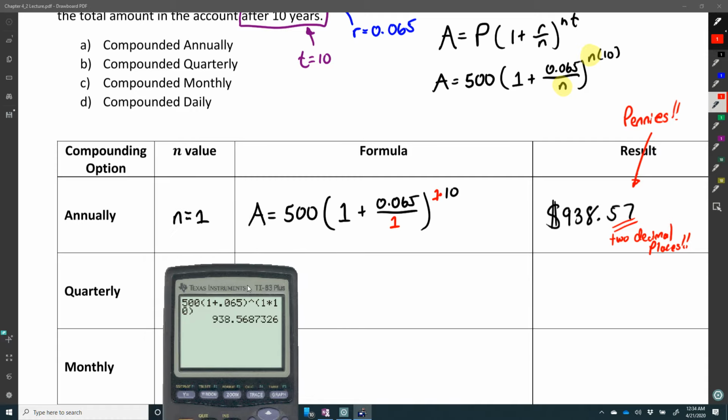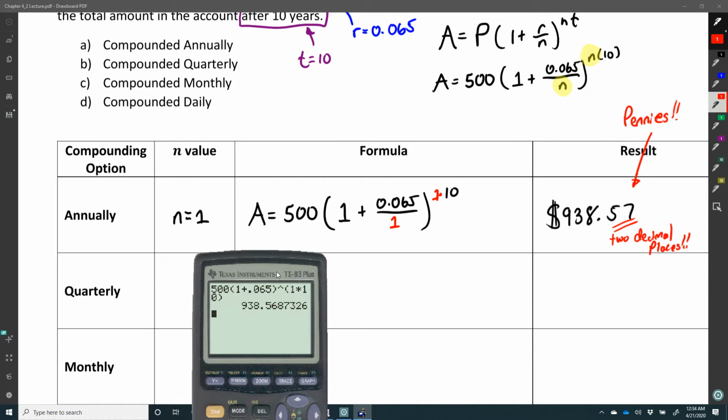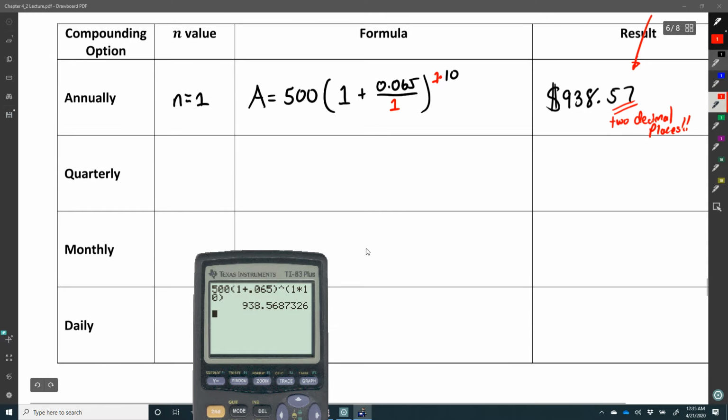If your money only gets updated once a year, then you get the full 6.5%, and so $500 turns into 938.57, and this is once a year for 10 years. So $500 after 10 years will become $938.